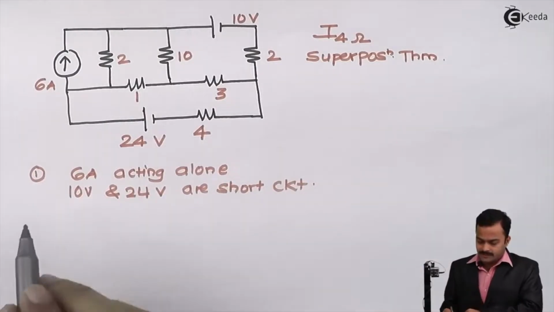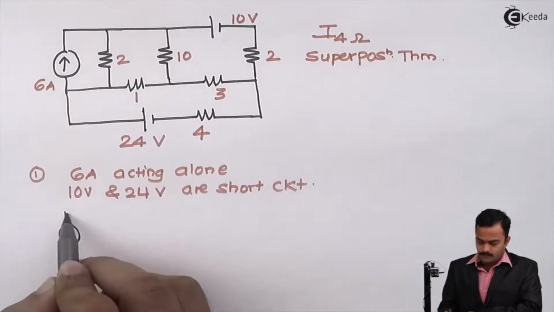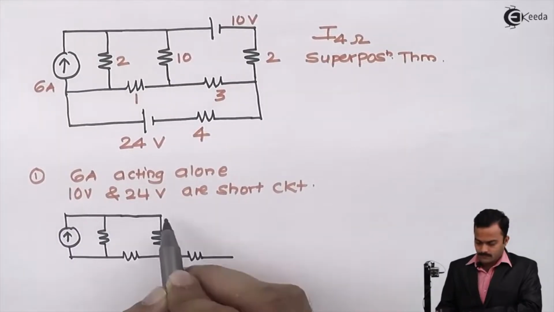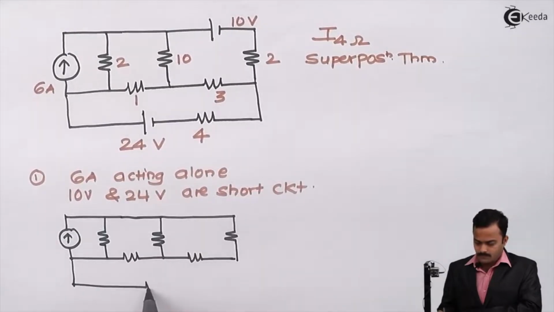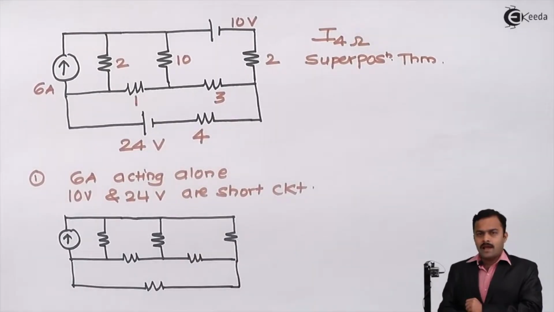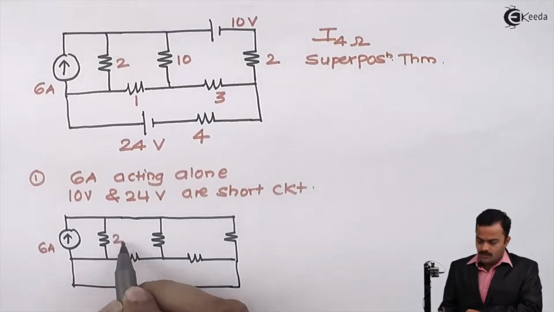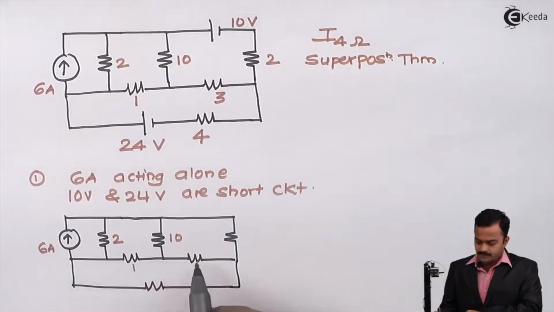So the circuit will look like this. It will have only current source and all the resistances will be present.